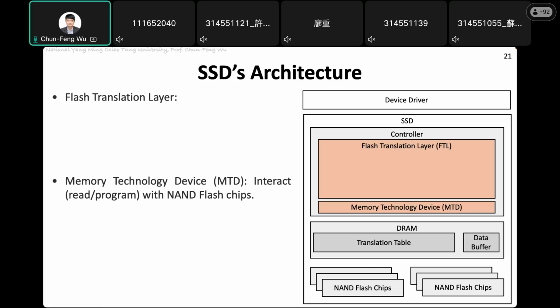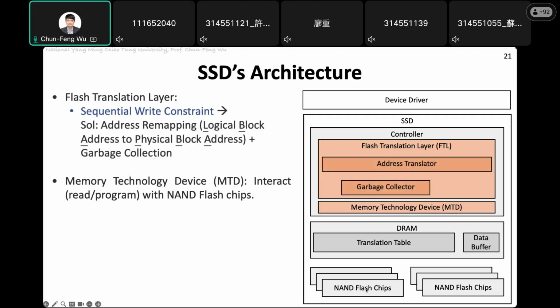You are managing the processes and the memory, but the SSD controller is more like middleware for the FTL to control some metadata. And MTD is quite intuitive, because MTD controls how to interact with the NAND flash chip. You need to follow some protocol to access the NAND flash chips.